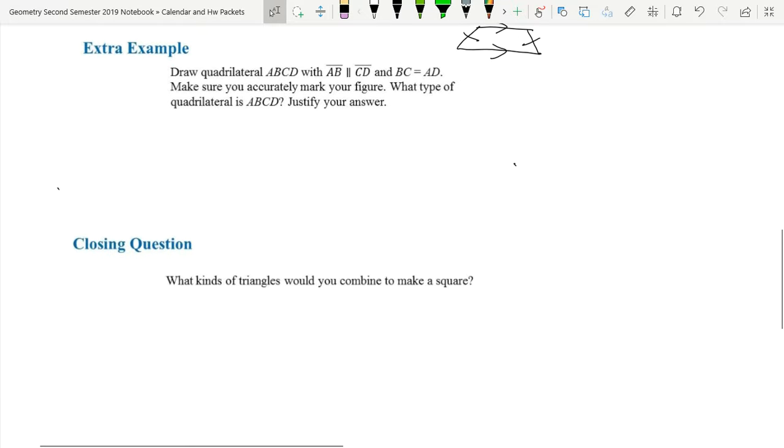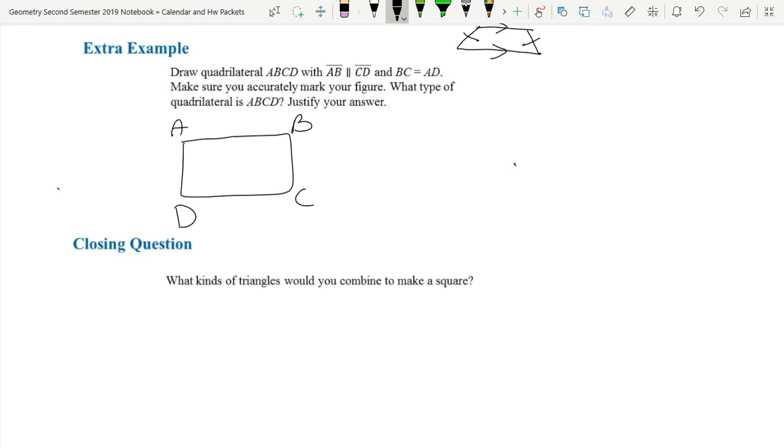So here's an example. Draw a quadrilateral ABCD with AB parallel to CD and BC equal to AD. So what I'm going to do is just draw a quadrilateral. We'll call it A, B, C, D. I'm going to put the letters in order. I'm going to go ahead and mark AB parallel to CD and BC congruent to AD. And what kind of shape is this?